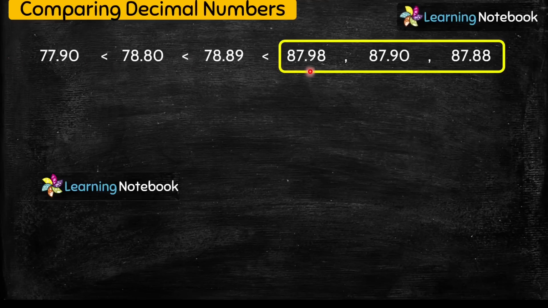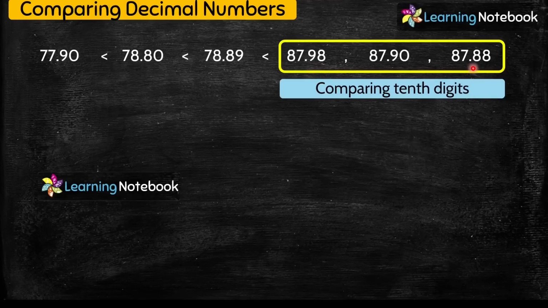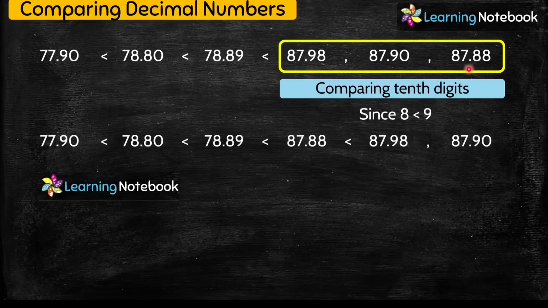Here, again first we will compare their 10th digit. And since 8 is less than 9, so it means 87.88 is less than both 87.98 as well as 87.90.